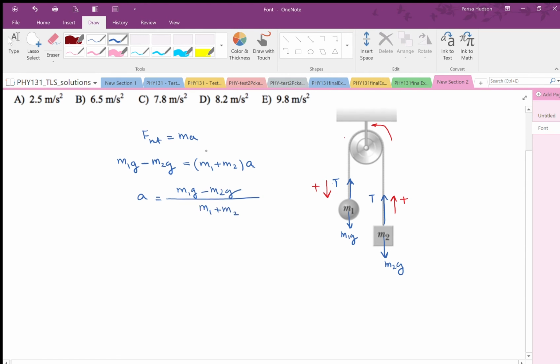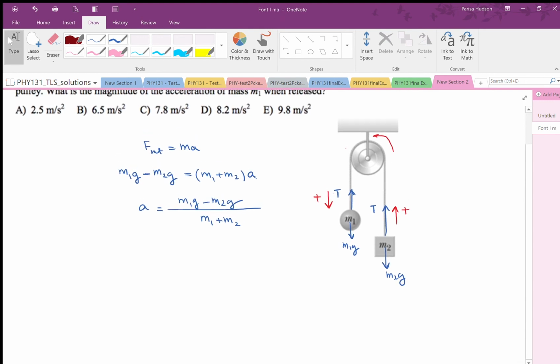If you look at the bottom of this fraction, you have the two masses added. It doesn't matter what kind of system of two objects you have. If you don't end up adding the masses at the bottom of the fraction for the acceleration, we've made a mistake. So for any kind of system of two objects, the masses should add up at the bottom of the fraction for acceleration. Now I'm going to sub in the numbers.